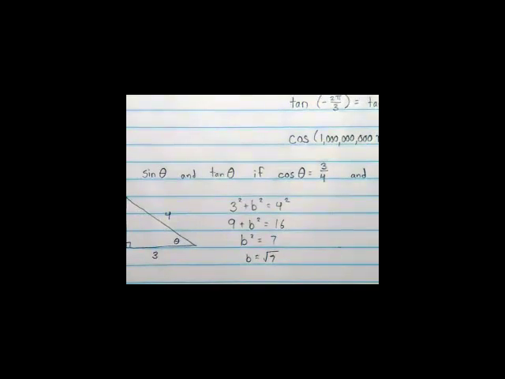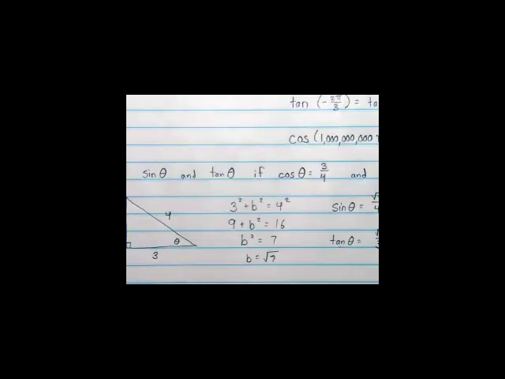Okay, so if I was just using the right triangle, what's the sine of theta and what's the tangent of theta? So somebody give me the sine. Square root 7 over 4. And the tangent? Yeah, root 7 over 3. Okay. But I know I'm in the fourth quadrant.